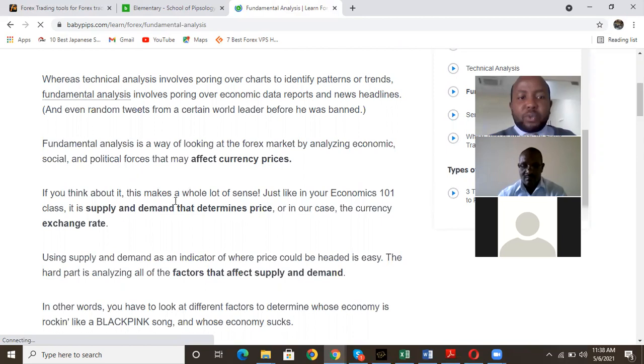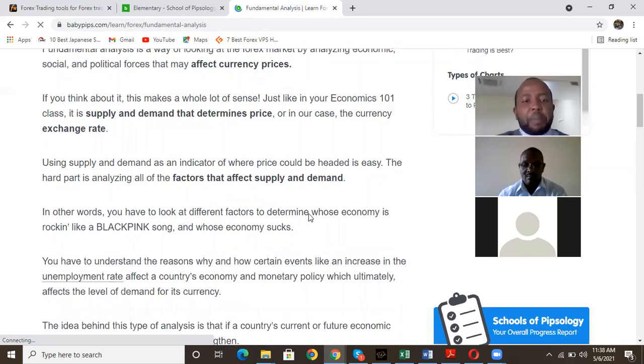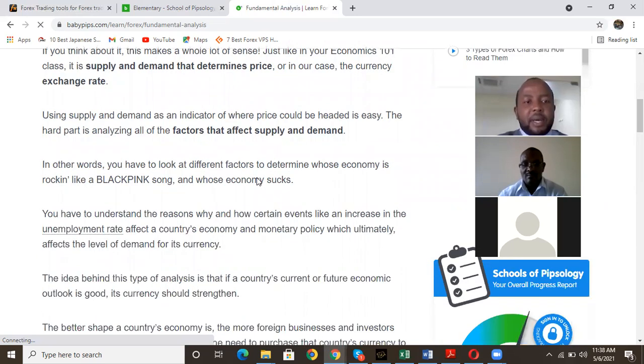If you think about it, this makes a whole lot of sense. Just like economics 101, supply and demand will determine where price will go, in this case our currency exchange rate. The hard part is analyzing all the factors that affect supply and demand. You have to look at different factors to determine whose economy is rocking.